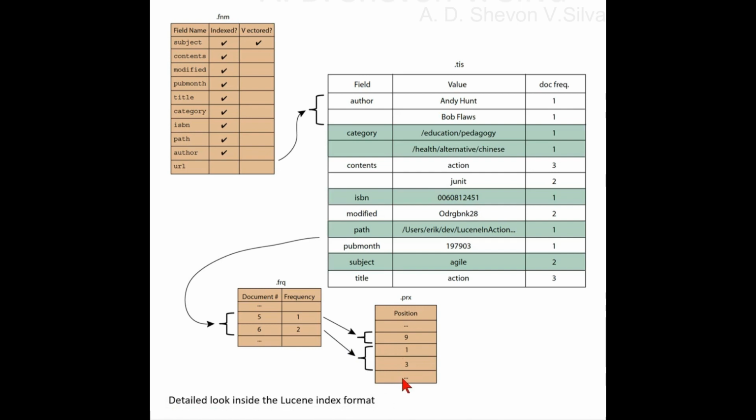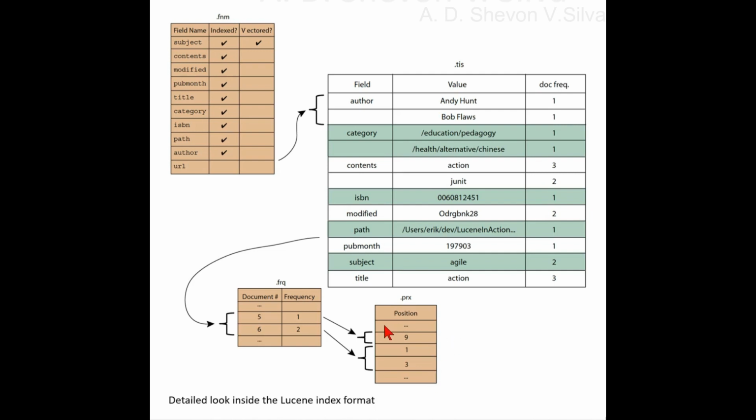The position information is used when queries demand it, such as phrase queries and span queries. Position information for tokenized fields comes directly from the token position increment designated during analysis. This file also contains payloads, if any.